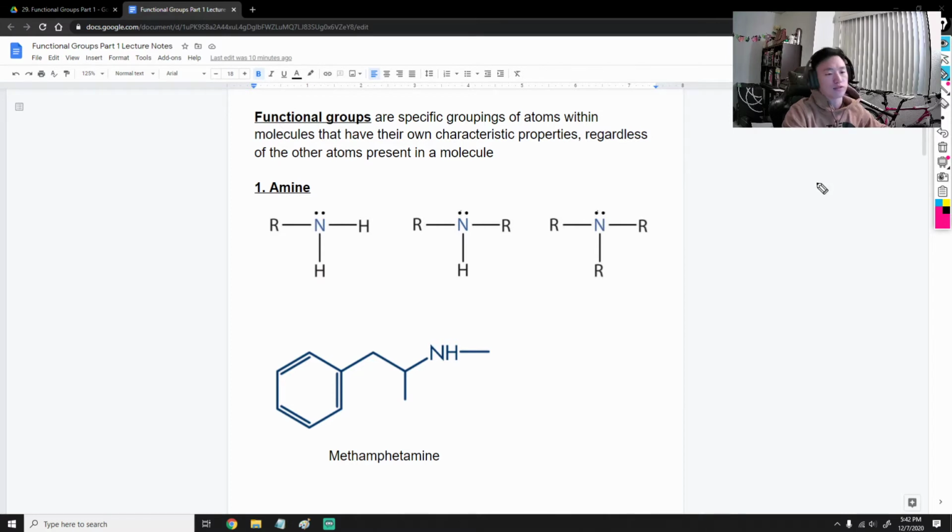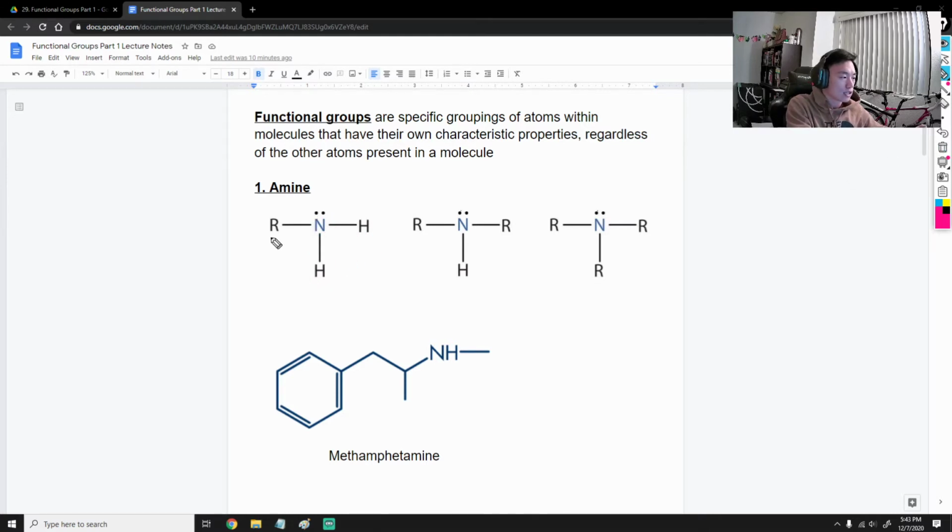Now, there are different types of amines, but before we talk about it, let's talk about what this R means. You're going to notice that there are these R's. Okay, so when you're learning about functional groups, you will see the letter R a lot. Now, the letter R is not a specific element, right? Here we have nitrogen and hydrogen, right? So normally the capital letters mean the element that is corresponding on the periodic table.